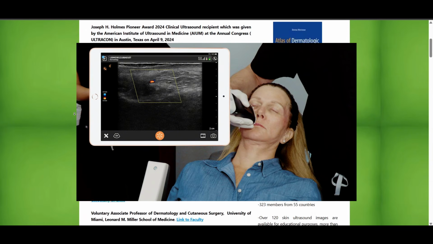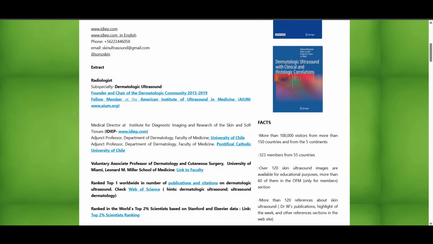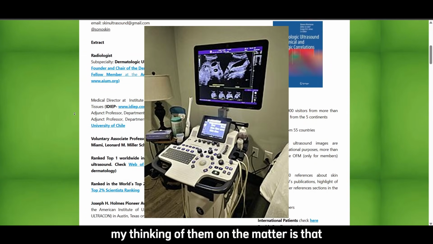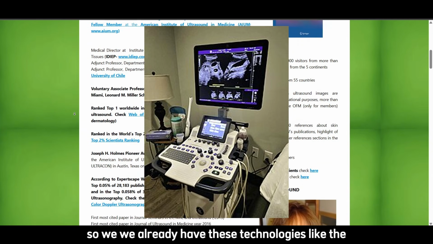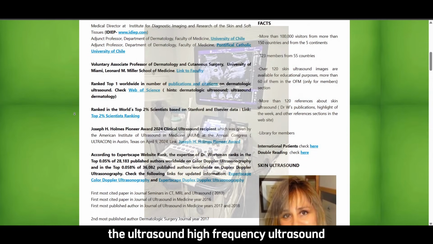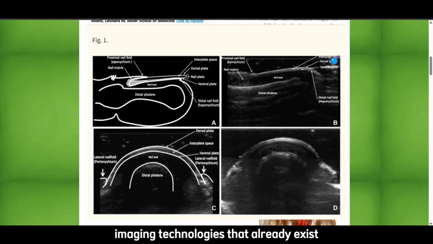So I guess my thinking on the matter is that we already have these technologies like high frequency ultrasound, imaging technologies that already exist.